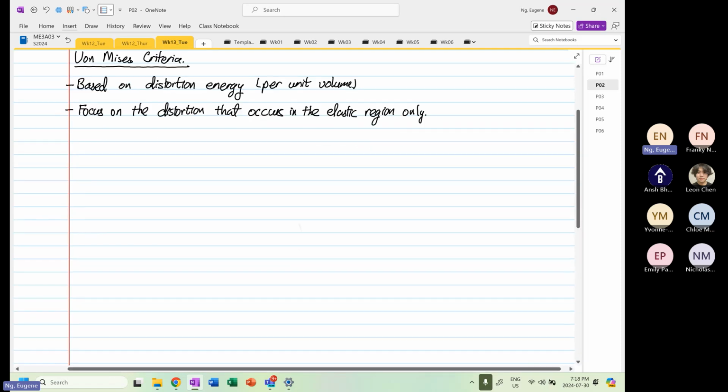So now if we have a 3D element again, this is our X, Y, and Z, and we have our element.